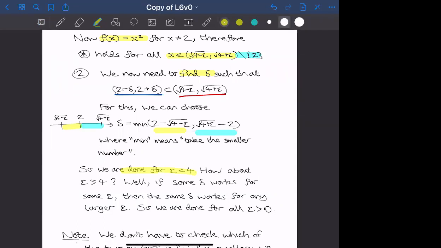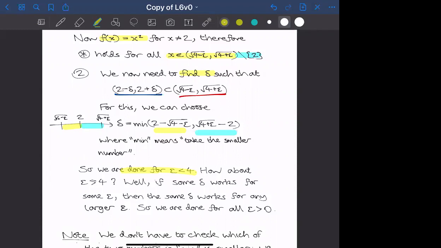But how about bigger epsilon? Well, all we need to say is this. So we found for any epsilon less than 4, some delta. So for instance, for epsilon equals 2, we found some delta. Well, if epsilon then is bigger, then the same delta is going to do the job.